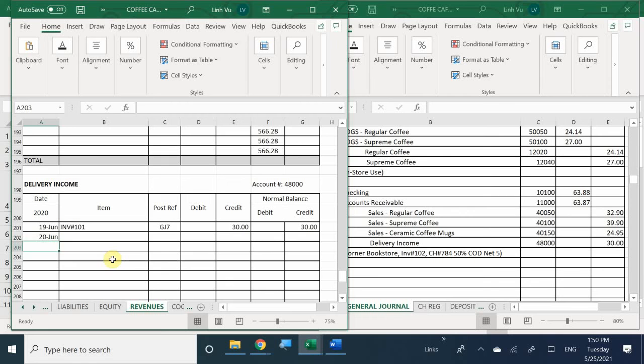So here I'm going to make my note as invoice number 102, because every invoice that you send out is going to be tacked on with some form of delivery.